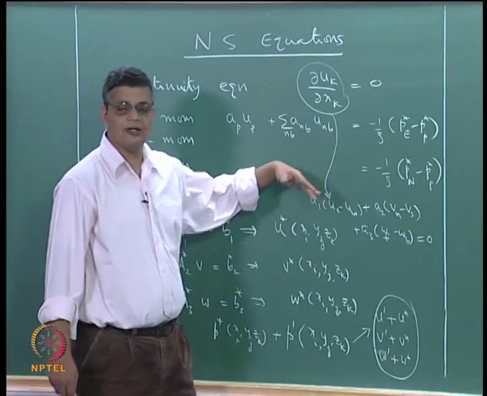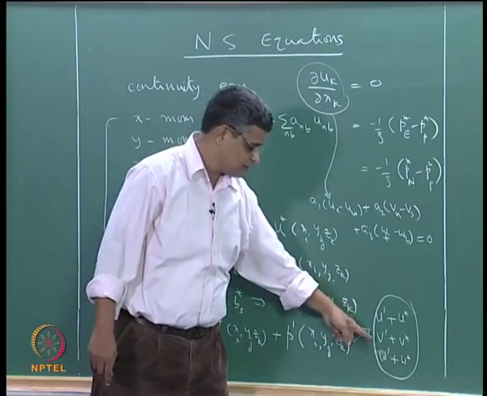So that equation cannot be solved directly because we do not know what these u prime, v prime, w prime are.